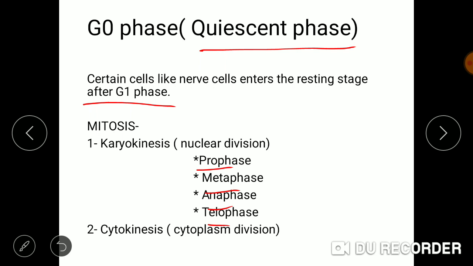P stands for prophase, M for metaphase, A for anaphase, and T for telophase. So, karyokinesis during the process of mitosis is divided into 4 phases, that is PMAT, and cytokinesis involves cytoplasmic division.